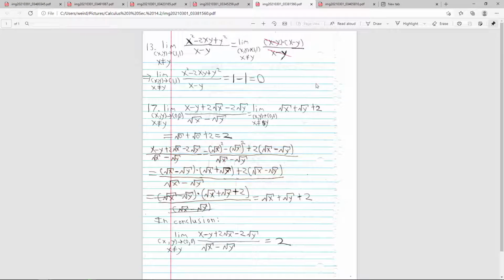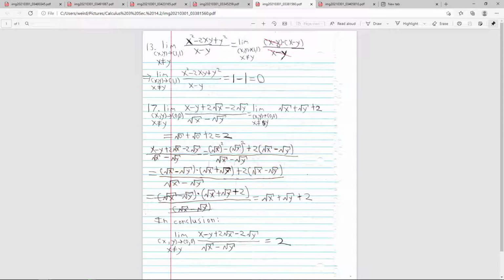Okay, time for a little bit more tricky one, I think. Now we have to use a trick where we simplify the expression before we can evaluate it. So x squared minus 2xy plus y squared, divided by x minus y, as (x, y) approaches (1, 1). If these are approaching each other, 1 minus 1 will equal 0, and that can't exist in the denominator. So we have to eliminate it, and we do this by factoring the numerator into two binomials.